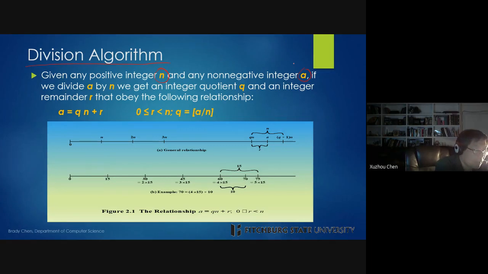If we divide a by n, we get an integer q, which is the quotient of the division, and also another integer called the remainder r, that obey the following relationship.